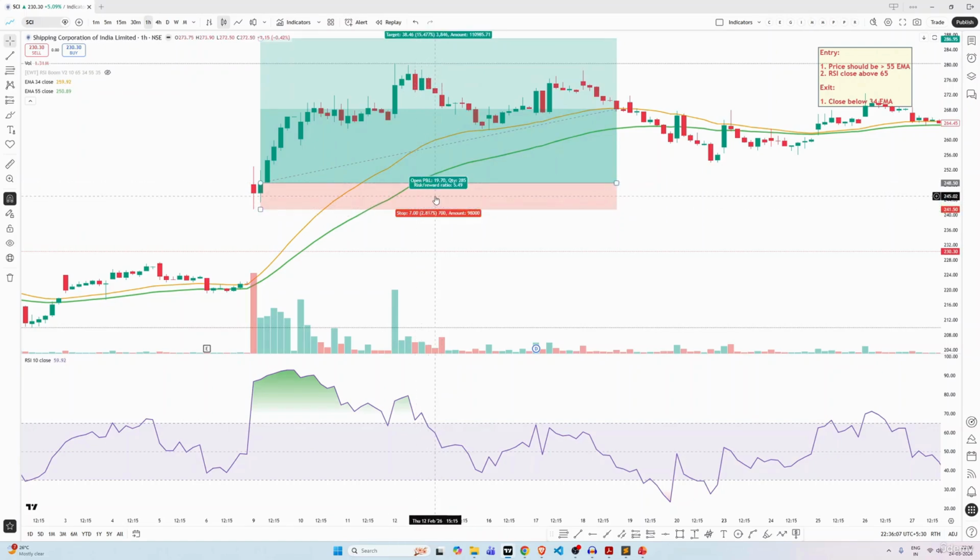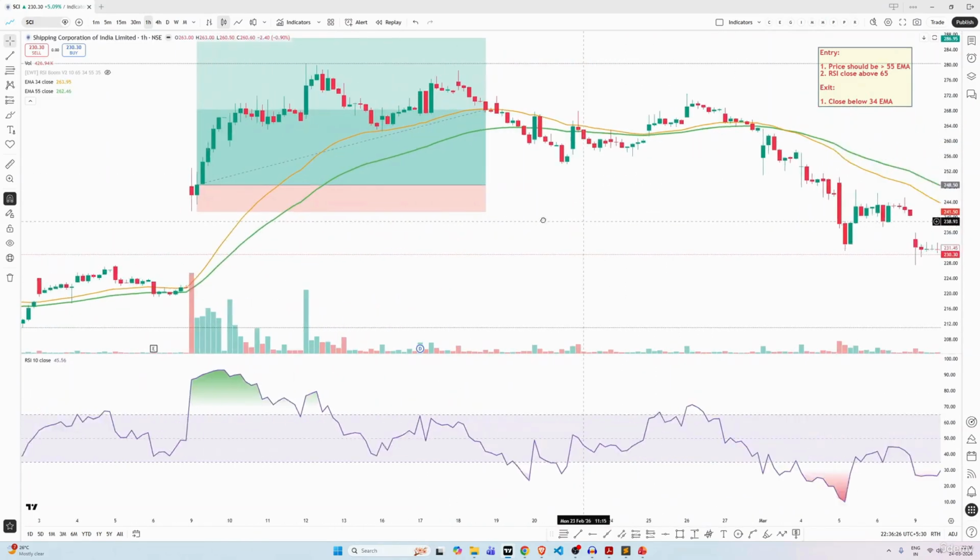So this is roughly around 2.8 R. Basically, we made almost 3 times what we were risking on this trade. 7 points we risked, almost 20 points we made, right? So this was, I would say, a good trade, right?